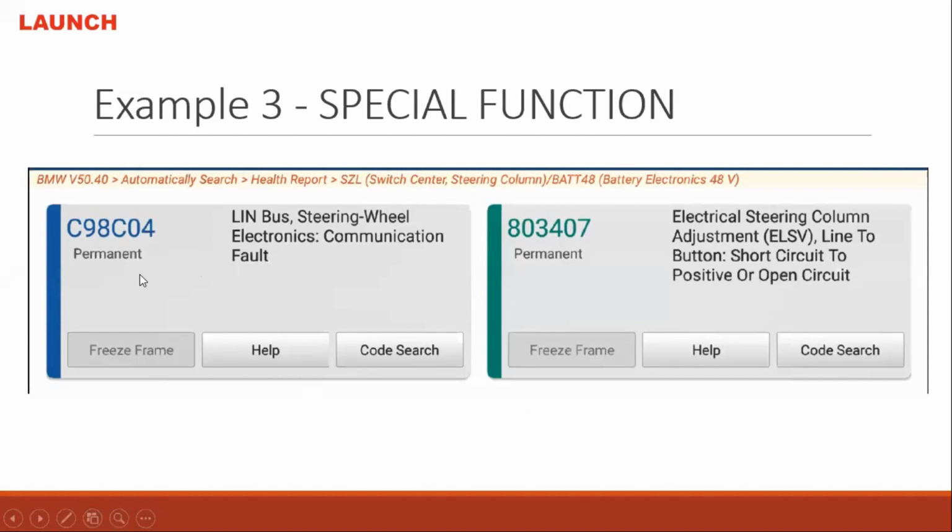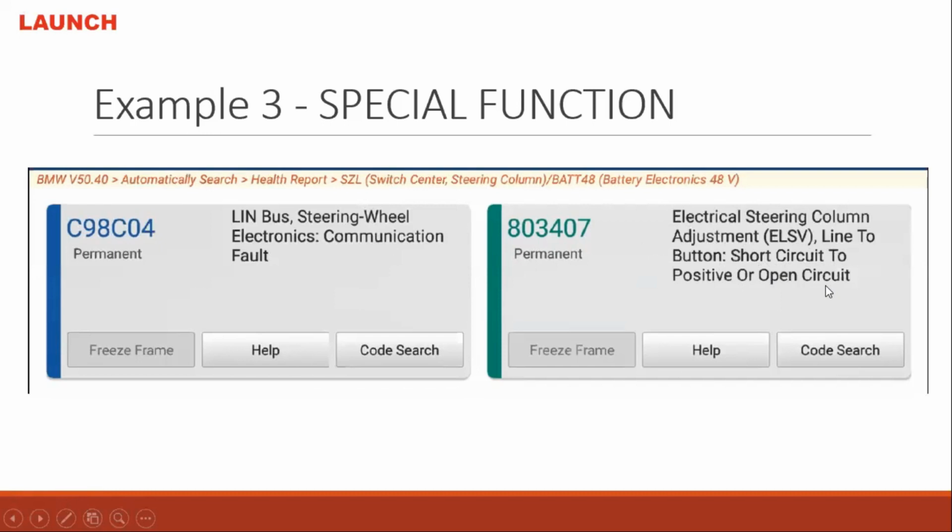All the trouble codes are permanent communication faulty. This is a communication problem, not an open circuit. But besides that, you will see the electrical column adjust. The last one shows circuit to positive or open circuit. This is a problem.